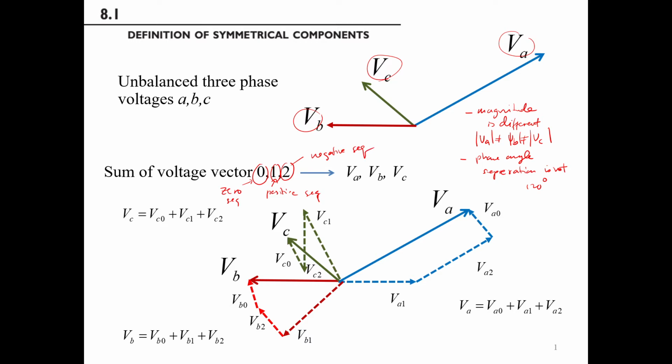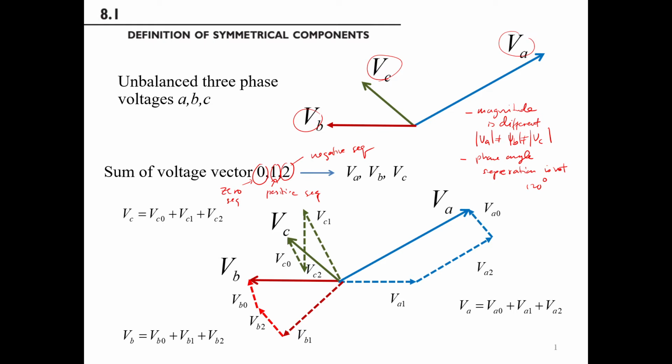So these are the sequences that we mean. We will try to express VA, VB, VC in terms of VA0, VA1, VA2, for instance.